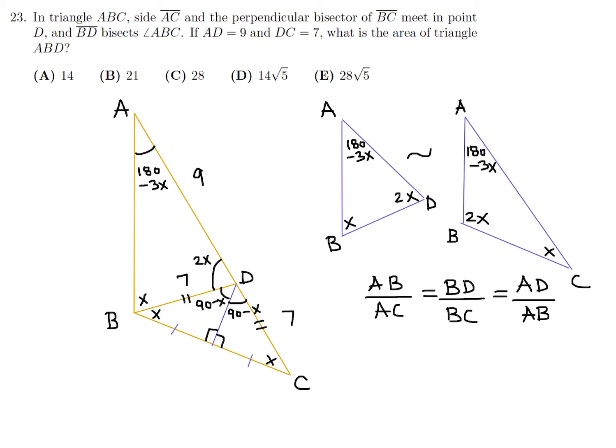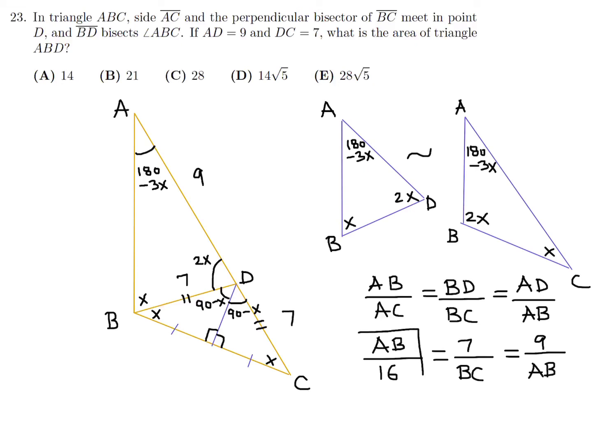So let's see what we have in terms of values. AB, do we know AB? No, we don't. AC, do we know AC? Yes, 9 plus 7, so 16. And then BD, yeah, we know is 7. And BC we don't know. How about AD? AD is 9, and AB we don't know.